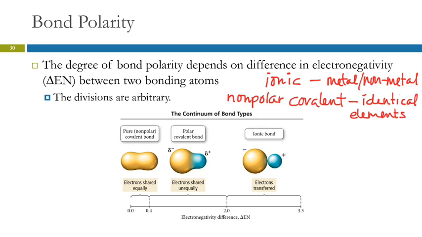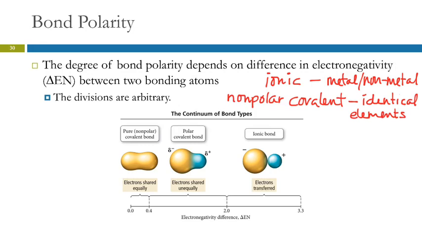So a nitrogen molecule, two nitrogen atoms. Well, they're both nitrogen. They're the same. So their electronegativities are the same. The difference between them is 0. That's going to be a nonpolar bond. So anytime you have two of the same element, nonpolar.